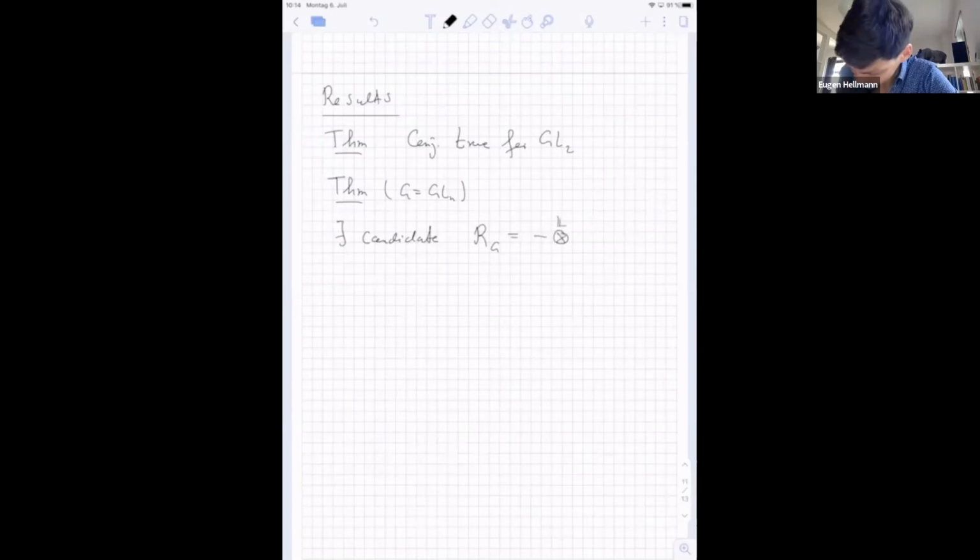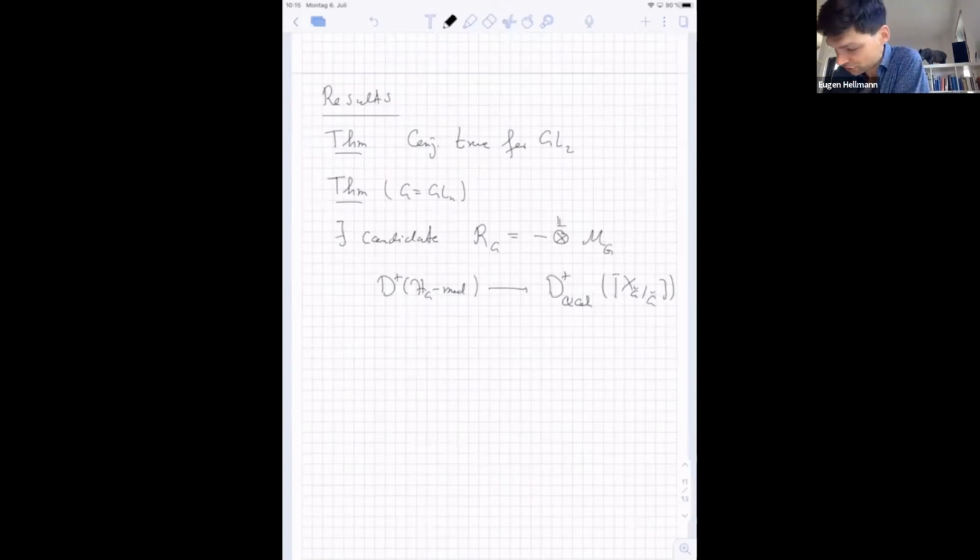This is the functor from the derived category of Hecke modules to the derived category of equivariant quasi-coherent sheaves, which you can write as the derived tensor product with a certain module that I want to write MG.